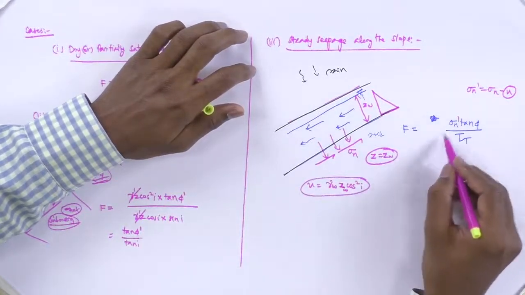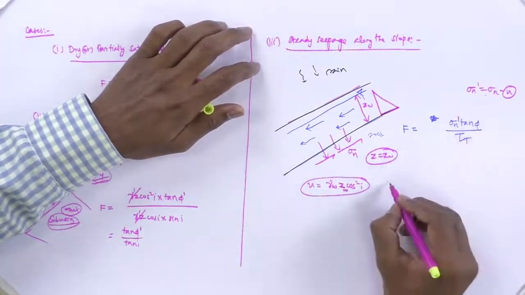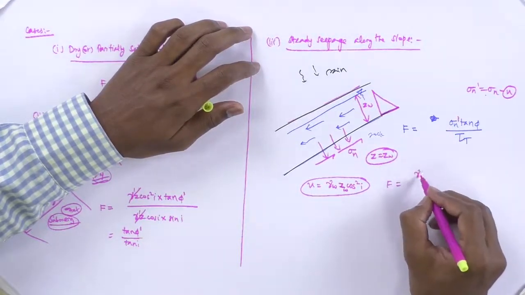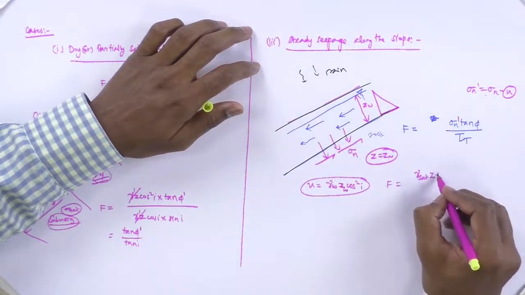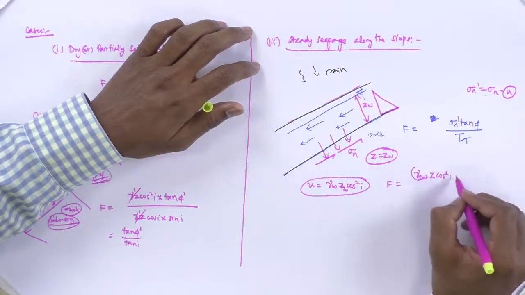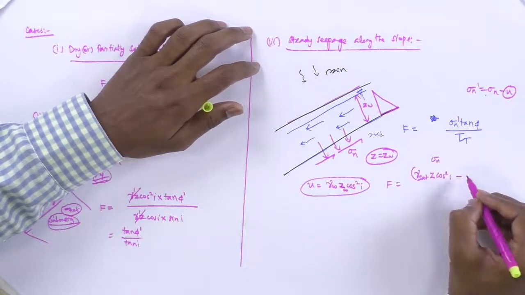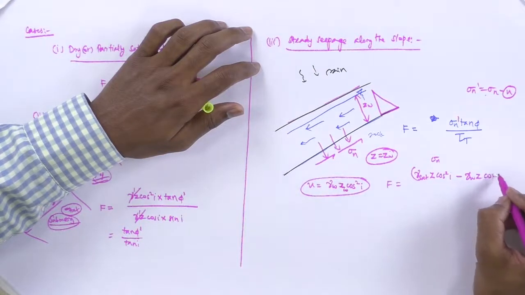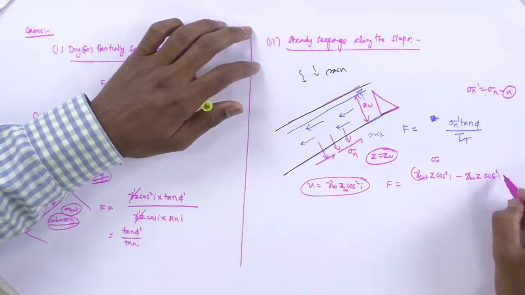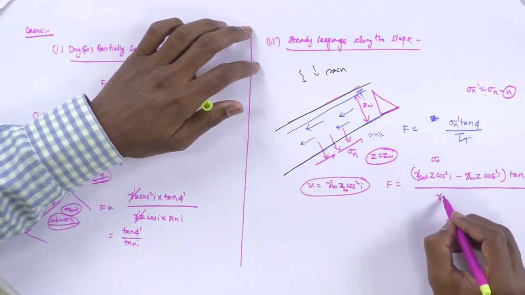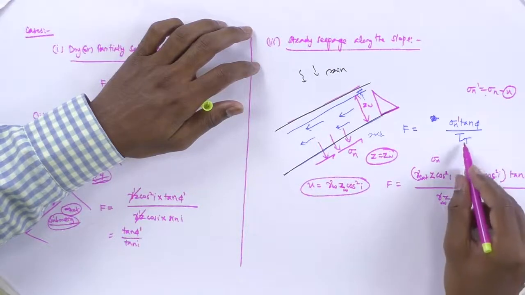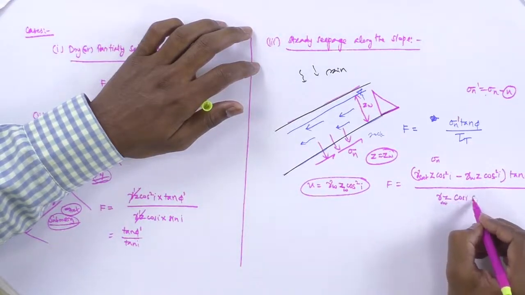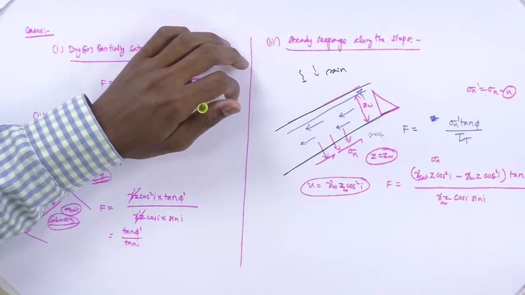So now sigma n dash is going to be substituted as sigma n minus u. So factor of safety equals sigma n, which is gamma sat z cos square i, is the sigma n value, minus u. I am going to substitute this gamma w, same, but for this case I am keeping this z the same, cos square i, into tan phi, divided by gamma sat, so this tau is gamma sat z cos i and sin i.